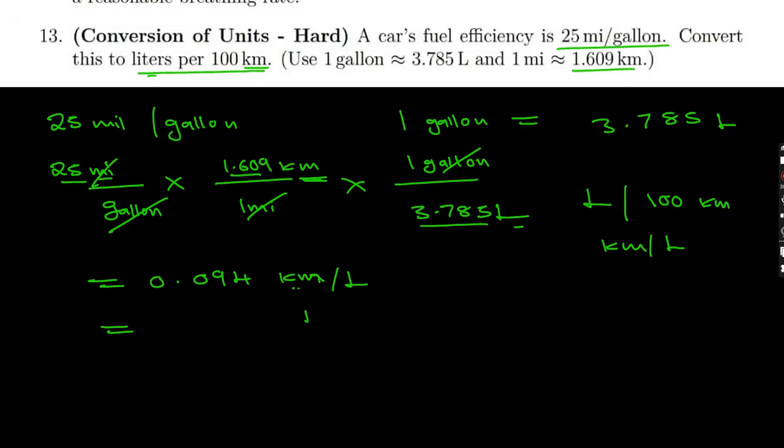We're going to say L over kilometer. Since this is the same as 1 over 1, we are also going to change it to be 1 over 0.094. You don't need to get confused, guys; this divided by 1 is just the same. Since these are changing, this fraction is also going to change.